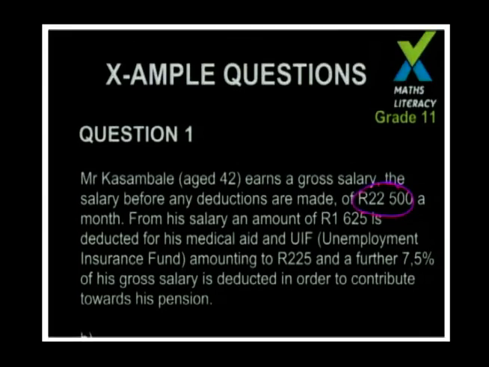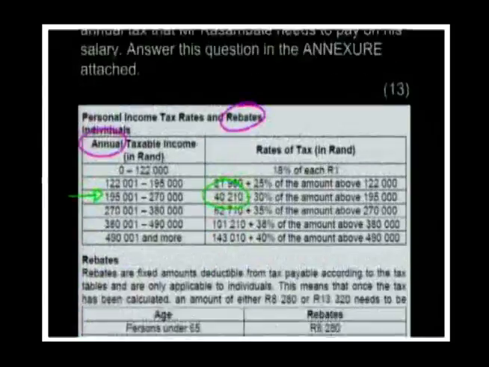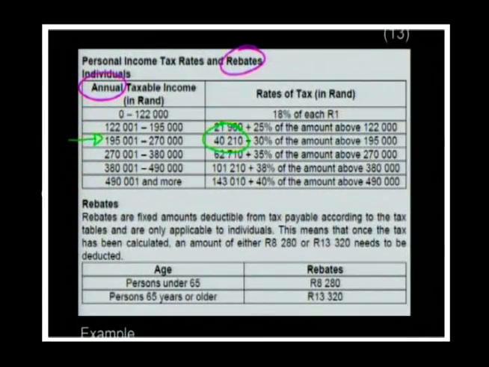But hold on, it's not all bad news. There's some good news. Do you remember right in the beginning we read this question, and I said here that this little friend of ours was aged 42. Why did we need to know that? Let's look at our tax table here. We have something called a rebate. Now, what's a rebate?